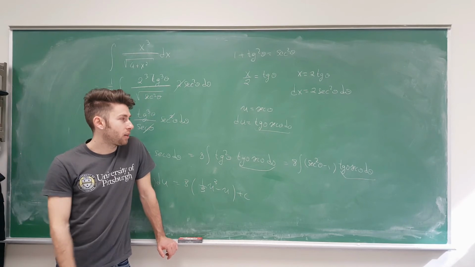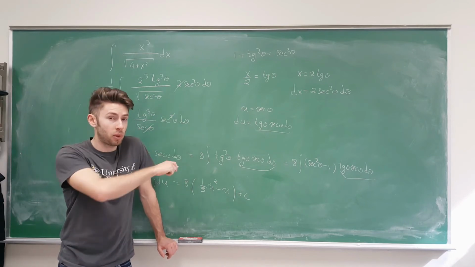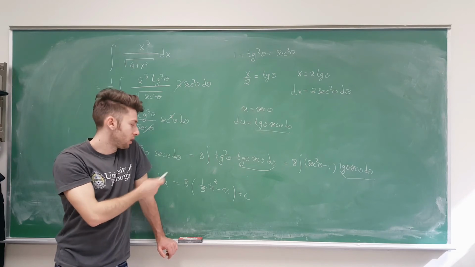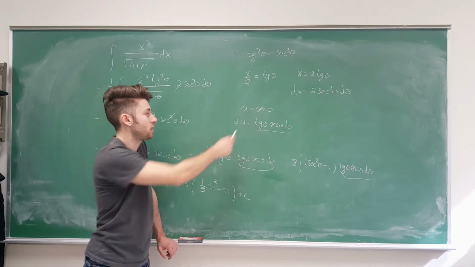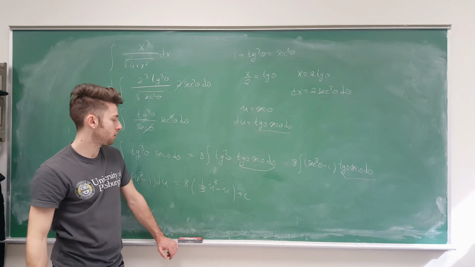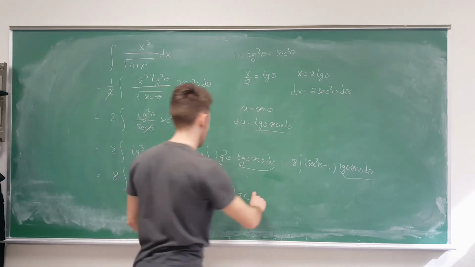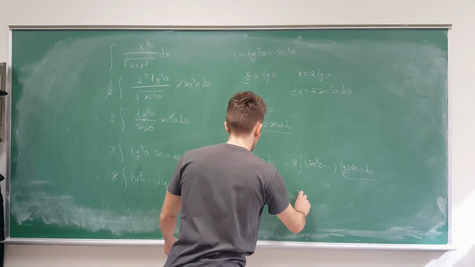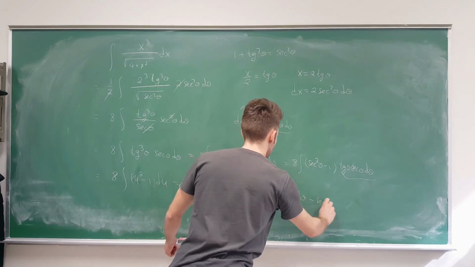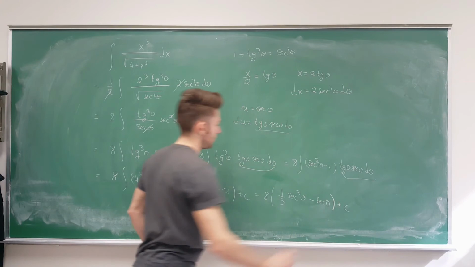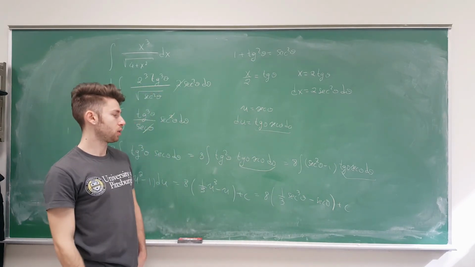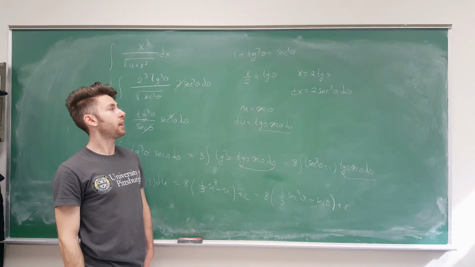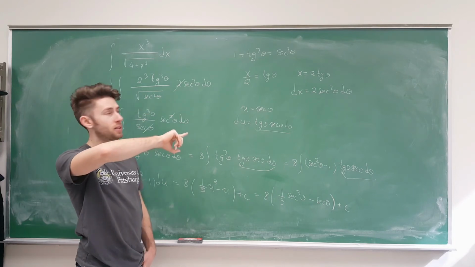Now we should go back, retrace all the substitutions that we made, and go back to the original variable x. So first, u is secant, so here I get this expression, so that's in secant theta.